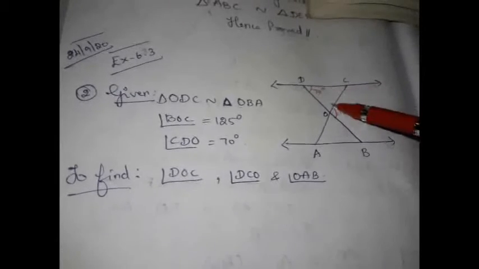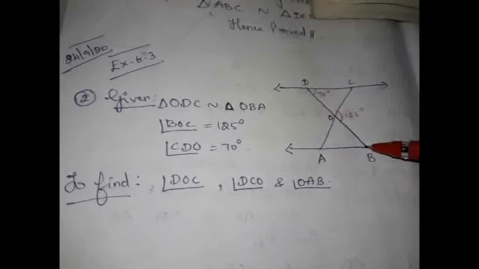What is given? Triangle ODC. This triangle is similar to triangle OBA. So angle D corresponds to angle B and angle C corresponds to angle A. Remember. Now BOC is 125 degrees and angle CDO is 70 degrees.